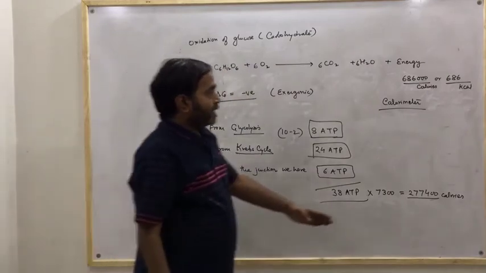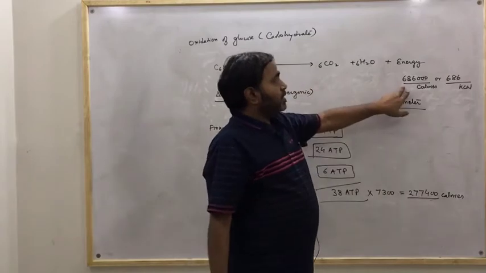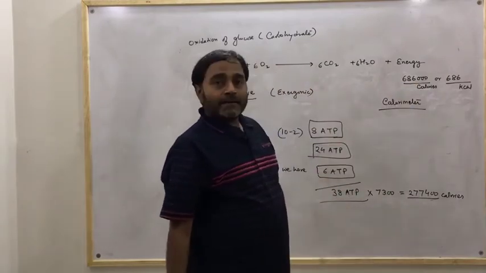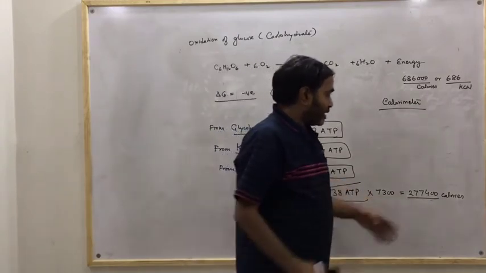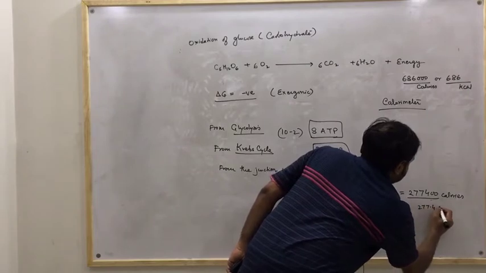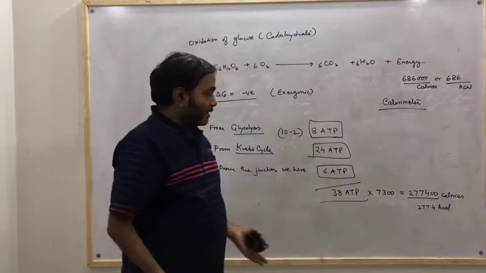Now the question comes, why is the energy less in this case? Here 686 kilocalorie energy is obtained, but here 277.4 kilocalorie is found to be generated.